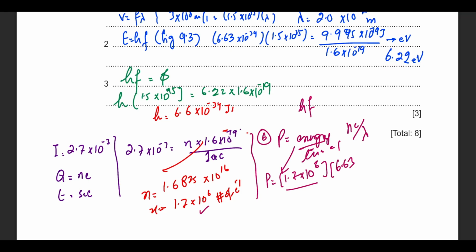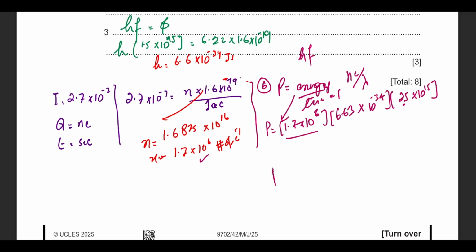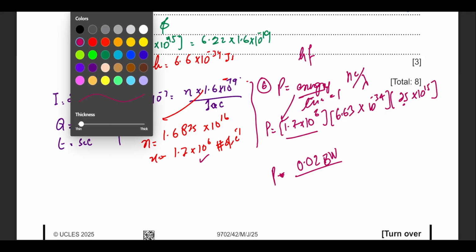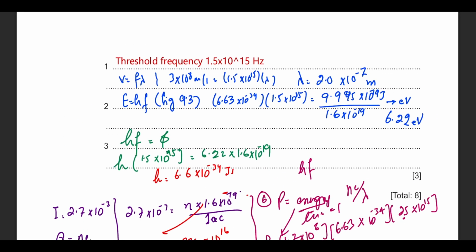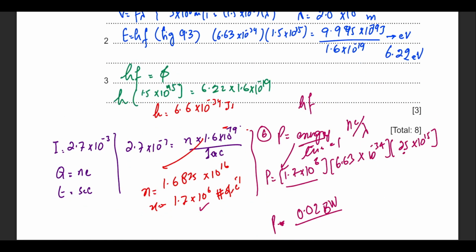So 6.63 into 10 raised to the power minus 34 into 2.5 into 10 raised to the power 15 hertz. All right. Now power P is equal to, this one gives you 0.18 watts. So I've explained all the 6 points given in the marking scheme. I hope you understand them too.